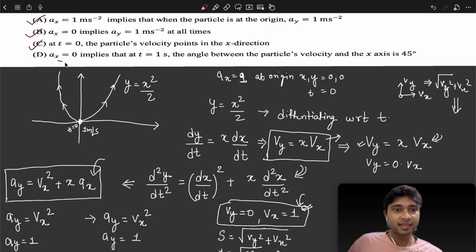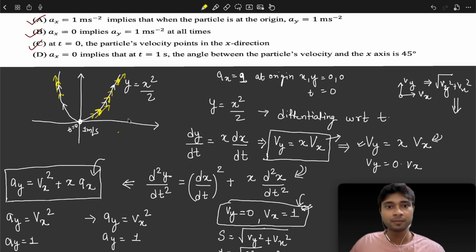Let's go to D. Ax is equal to 0 implies that at t equal to 1 second, which is a different time, the angle between the particle's velocity and the x-axis is 45 degrees.